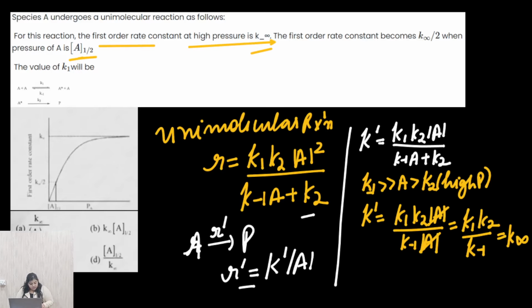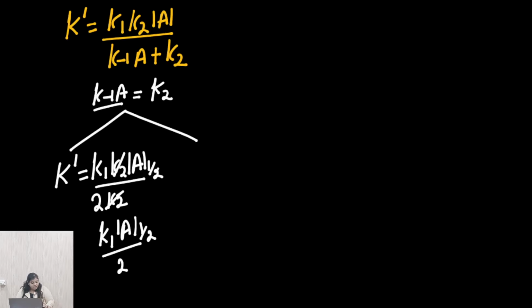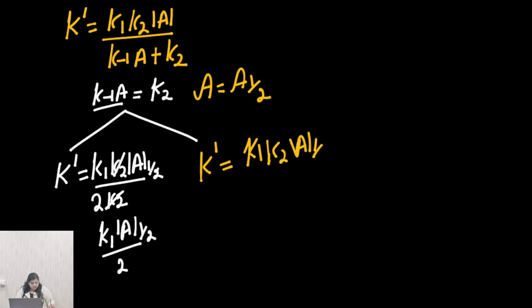So how is this K infinity by 2 coming? Let us have a look at that. A's concentration will be A half at this point. So here the other substitution will give the observed rate constant as K1 into K2 into A half upon 2 times K inverse of A half.